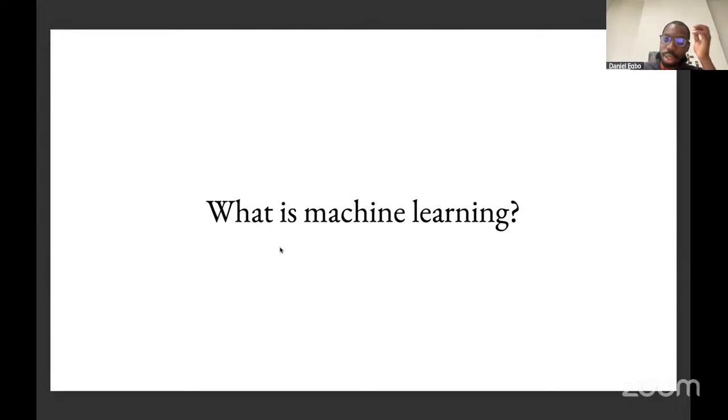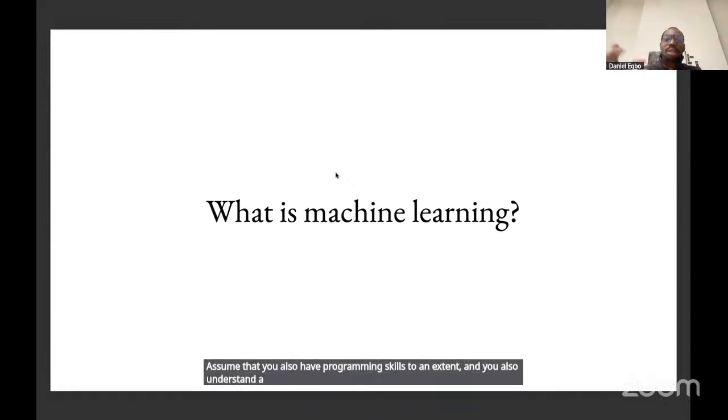This very lecture is going to assume that you have programming skills to an extent, and you also understand a bit of the concept of data and whatnot. So let's get started.